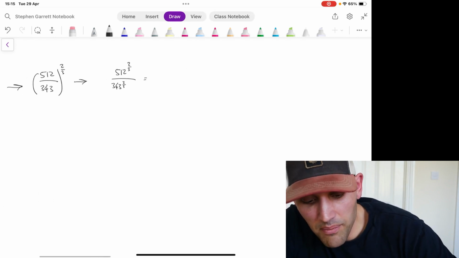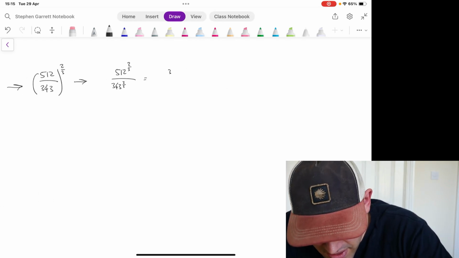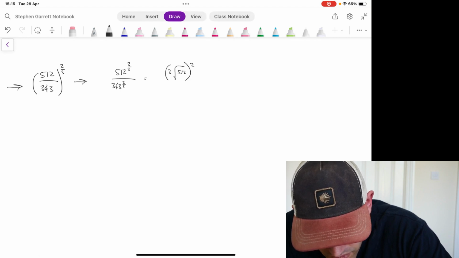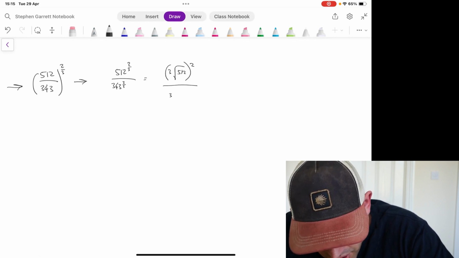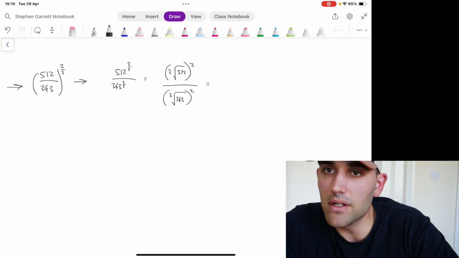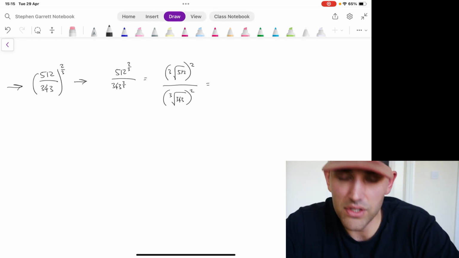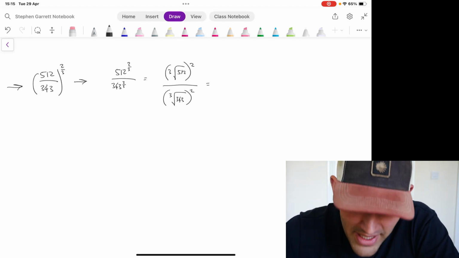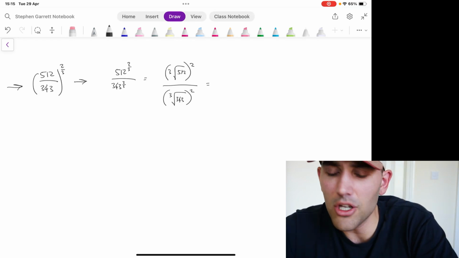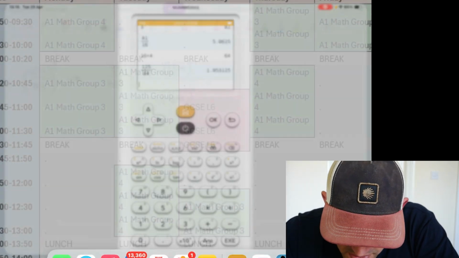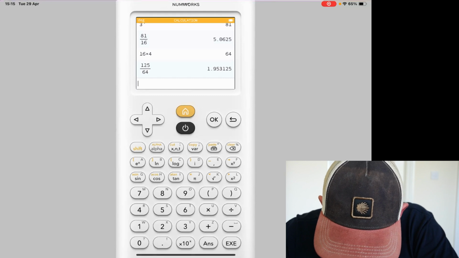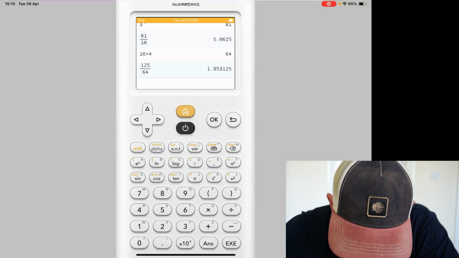Applying that index, that's the cube root of 512 squared over the cube root of 343 squared. That doesn't look like a nice number to me, so I'm just going to go straight into the calculator and do that directly, because what is the cube root of 512? I don't know. So if we go here, where is my custom cube root?